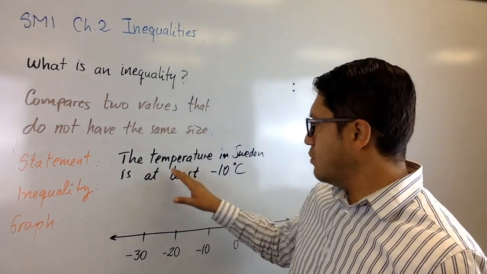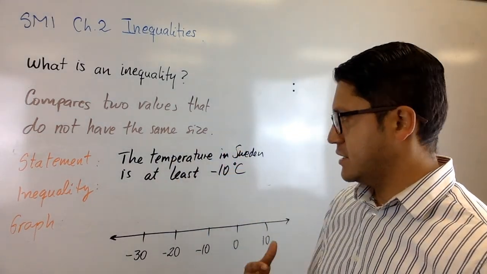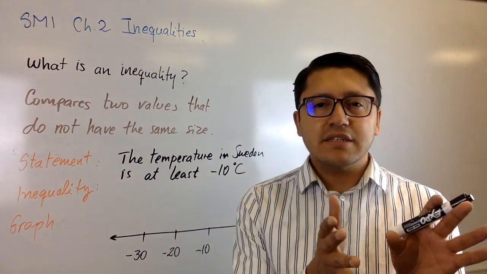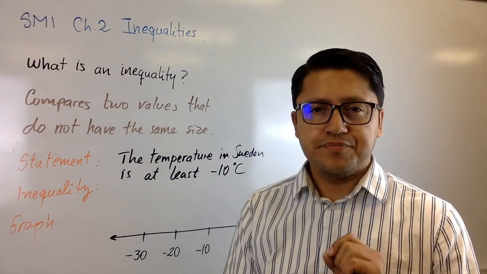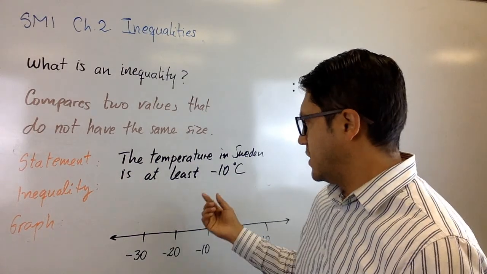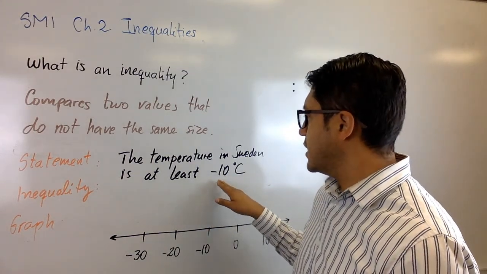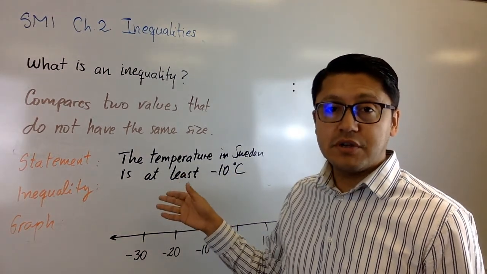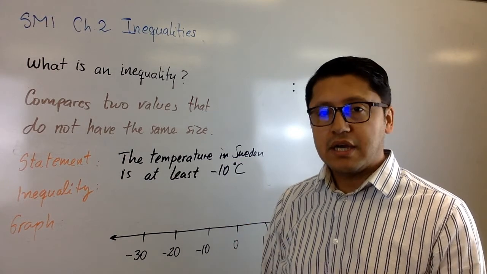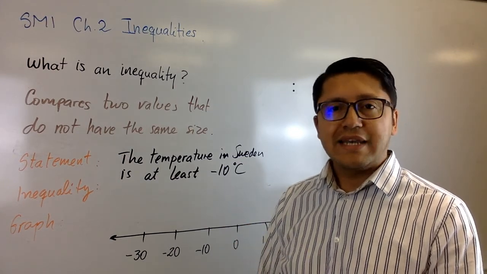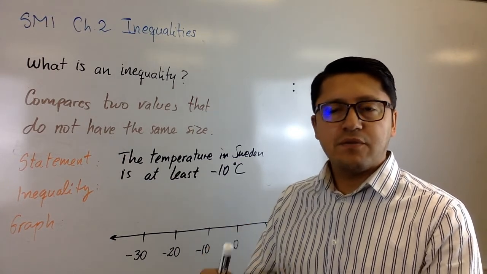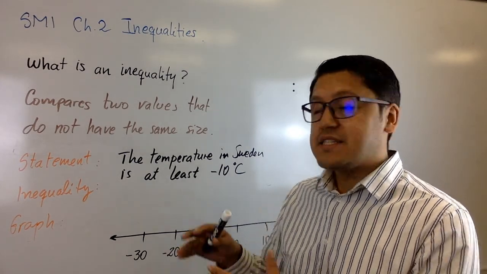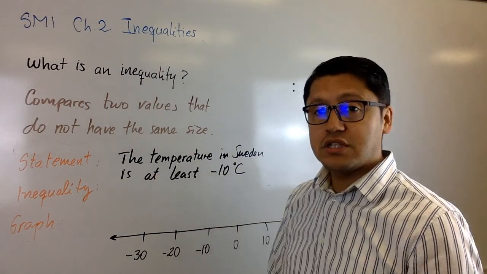So the way we write this is we're going to take into account a whole set of temperatures. It's not just one value, because what are the values that are at least 10 degrees below zero? Well, you can think about negative 9, negative 8, negative 7, negative 4, and so on. So it's not just one possible value that satisfies this condition or situation.